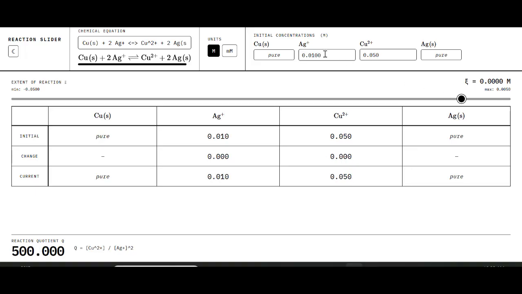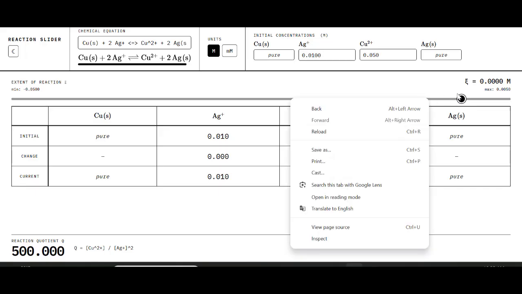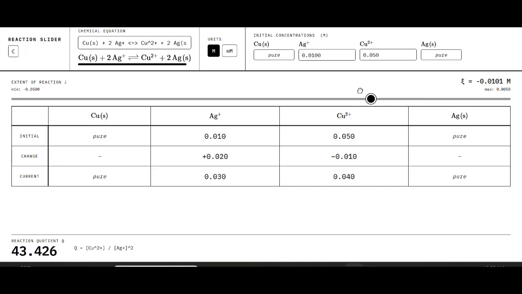Let's go back to where we were. And if I go backwards, so in this case, let's say I'm using up, of the 50 millimolar, I'm using up 30 millimolar by going backwards in the reaction. At the same time, I'm going to get 0.060 increase in silver in the reactant.